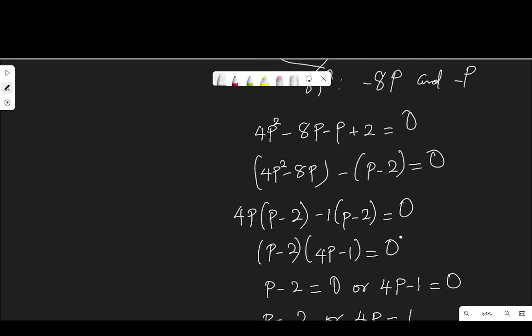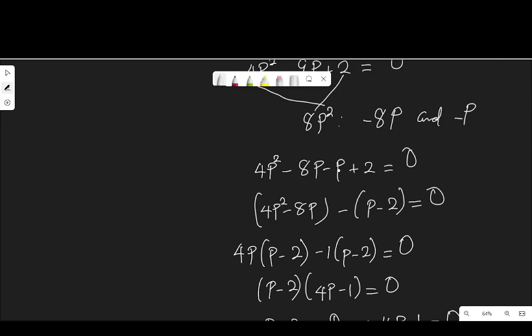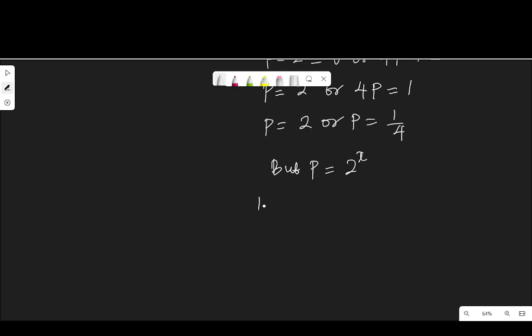But we replaced p with 2 to the power of x. So let's find the value of x from that. That means when p is 2, it implies 2 to the power of x is 2 to the power of 1.